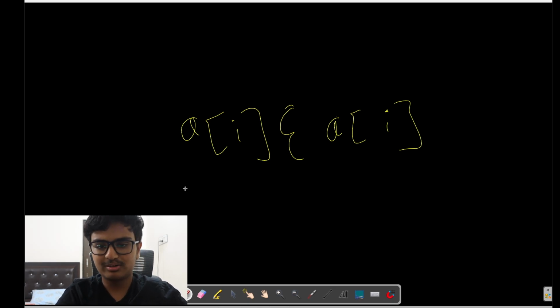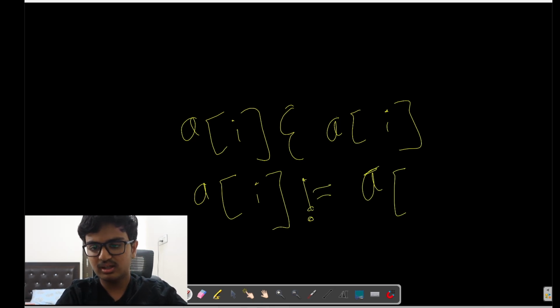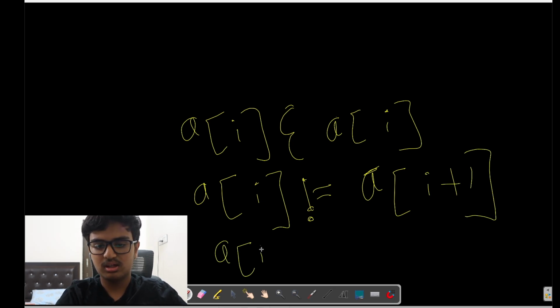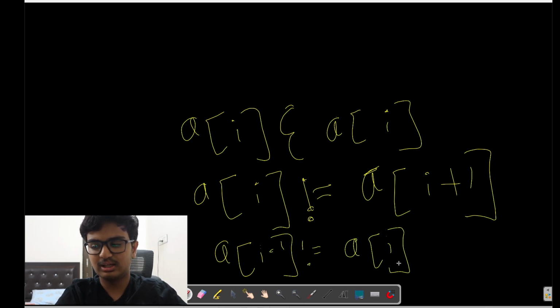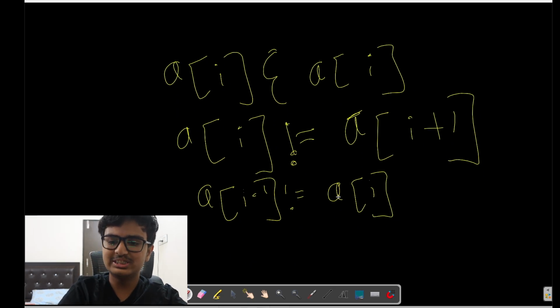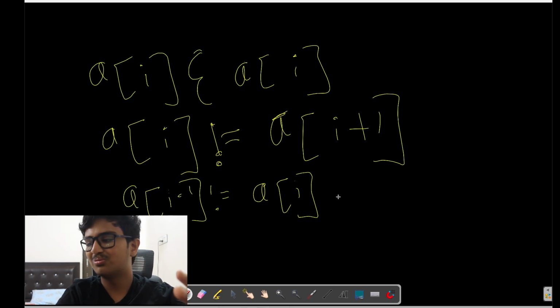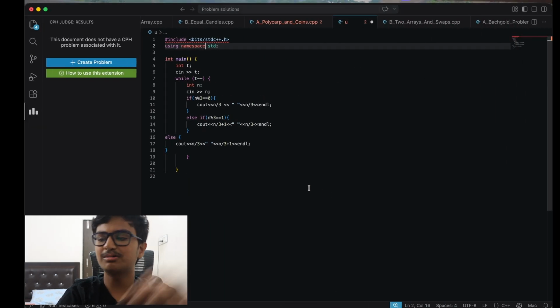Basically what we need to make sure is that array[i] is not equal to array[i+1], or array[i-1] is not equal to array[i], and this is basically to be checked in a sorted array. Now this problem is super easy, but I misread the problem statement here.